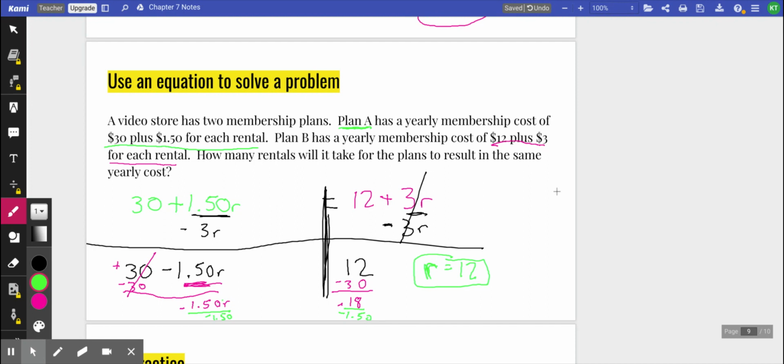Meaning I could plug in that 12, right? So I could do 12 plus 3 times 12, and that gives me $48. And if I did 30 plus 1.5 times 12, that would also give me $48. So with 12 rentals, the plans would be the exact same cost.